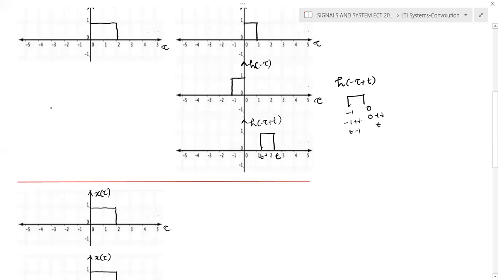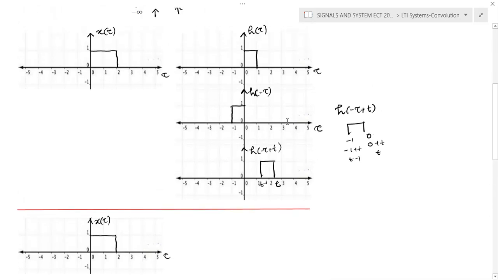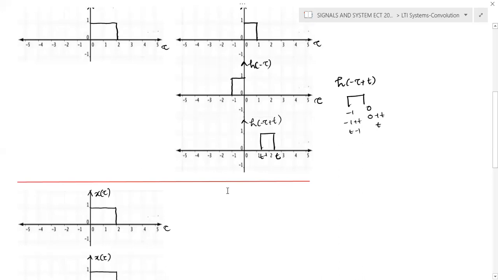Now we'll consider the first case. We've already drawn x of tau, and we'll keep x of tau as a fixed waveform, and we will move h of t minus tau because we don't know the value of t, so we will take different cases of t. And the first case we will consider is t less than 0.